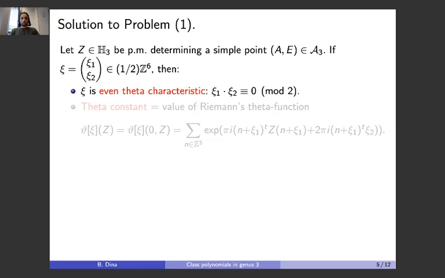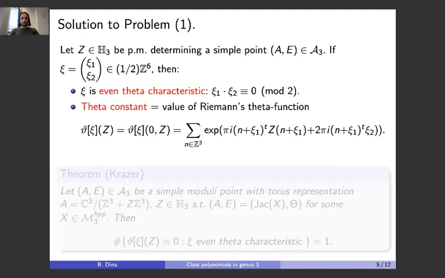The solution of problem 1 is based on counting the even theta characteristics, where an even theta characteristic is an element in (1/2)Z to the power 6 with pairing equal to 0 modulo 2.